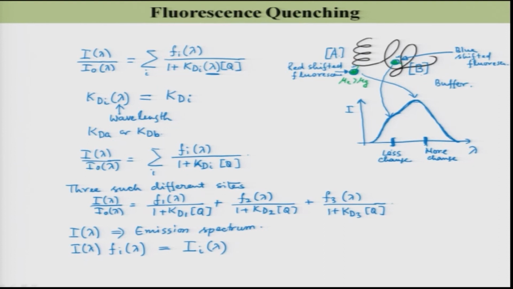I will get this one, this is my I lambda. It has a component of B and a component of A, so I have measured it together. And this f i is the fractional fluorescence intensity for the ith component.